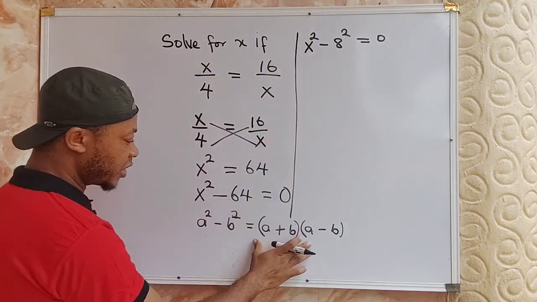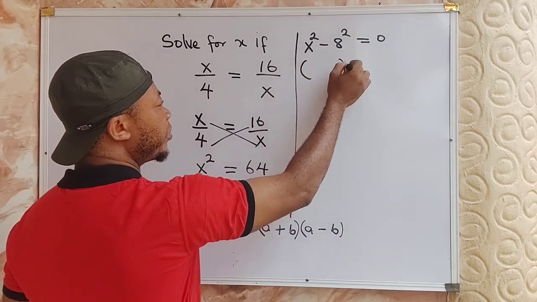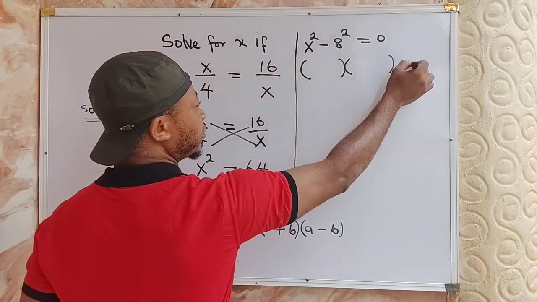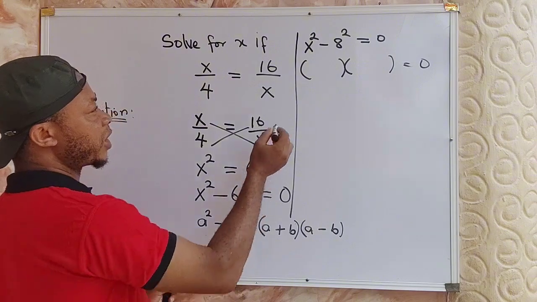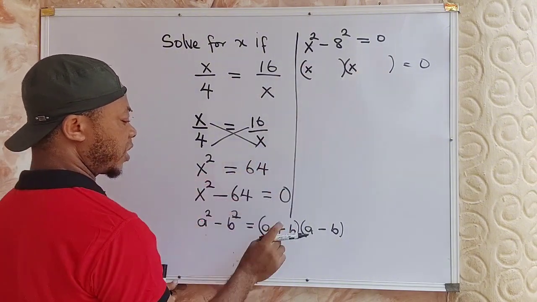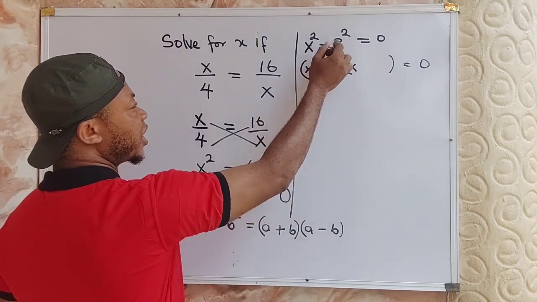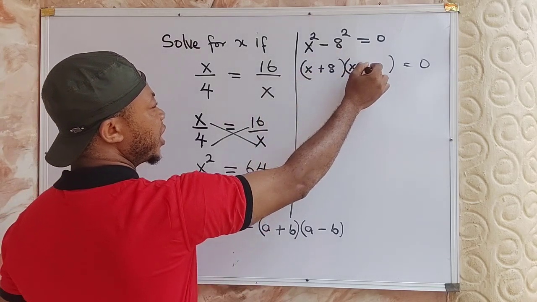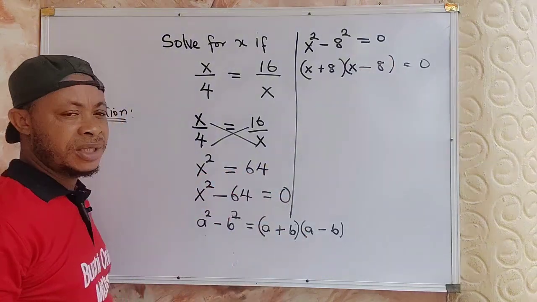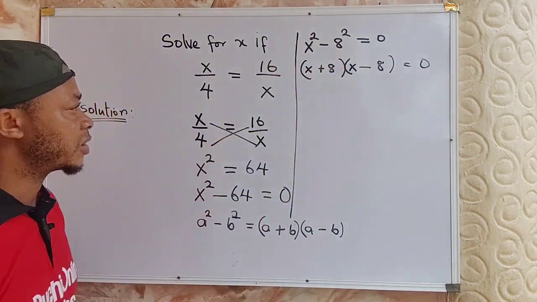Now, to apply this law, that means we are going to open two brackets like this, okay? In the first bracket, we have x, and in this one we have x as well, just like a and a. Then we have a positive sign, then we have 8. Here a negative sign, we have 8. So this is how to simplify this difference of two squares.